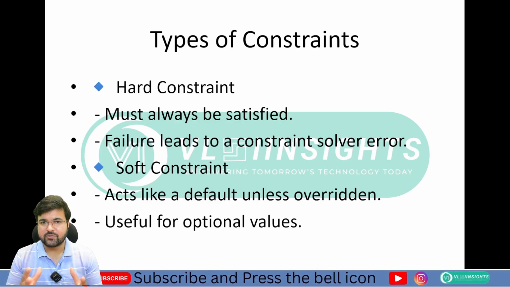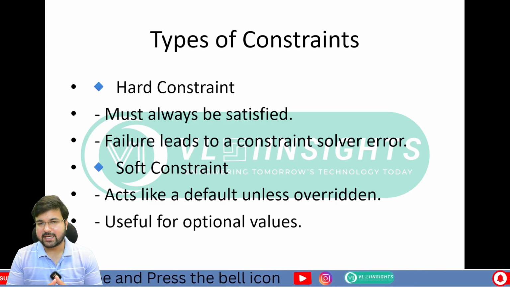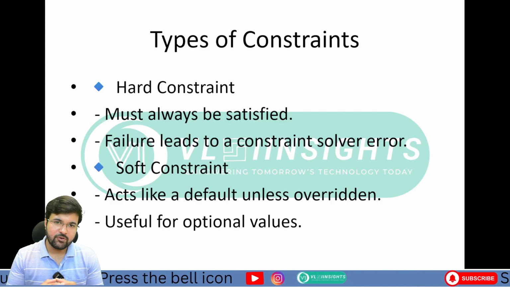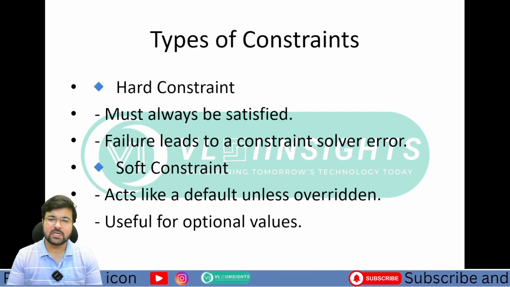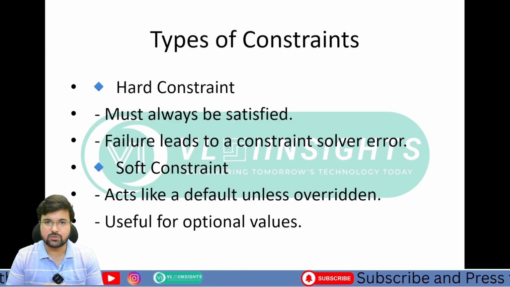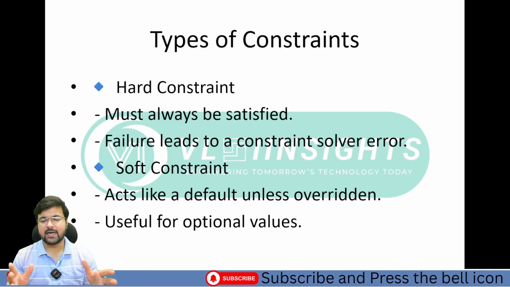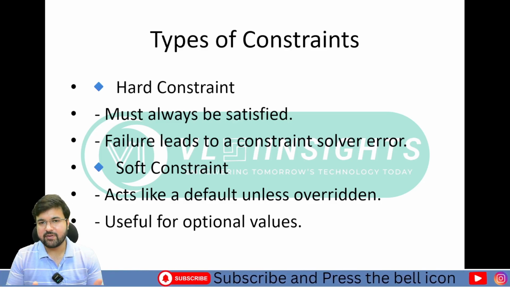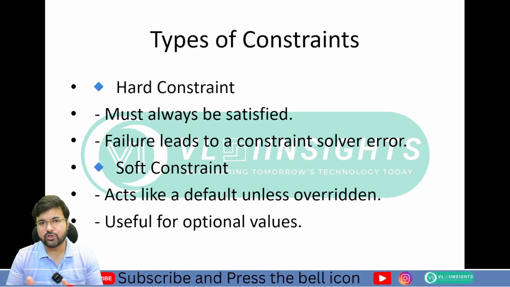There are two types of constraints available. First is hard constraints and second is soft constraints. Hard constraints are those which are meant to satisfy some value. For example, while writing a verification plan, we want only even values to be generated.